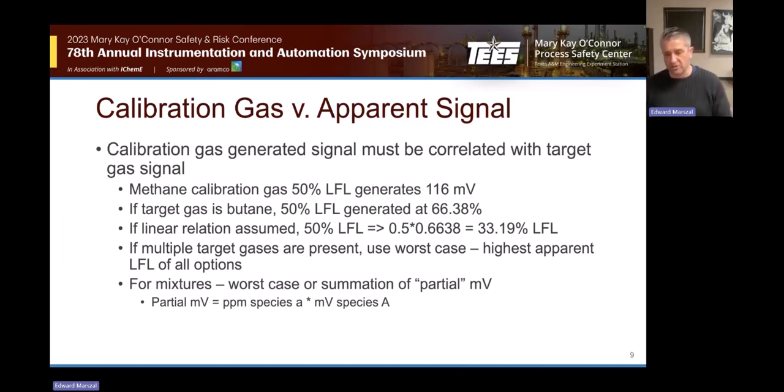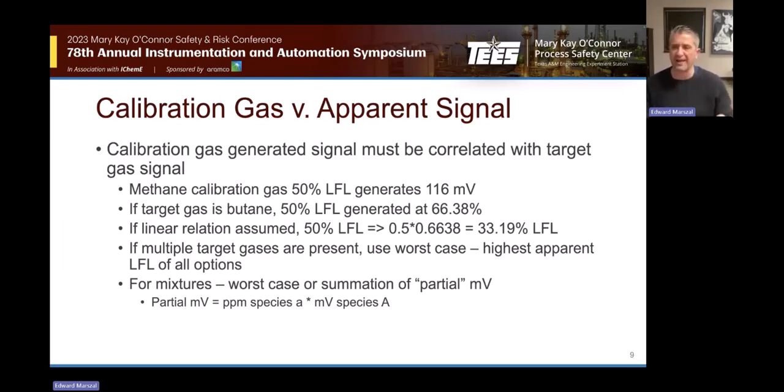But even worse is if you have a mixture. Now, mixtures, you could do it a couple different ways. But what would we at Kenexis recommend? We at Kenexis recommend what we just told you for multiple target gases. So these are two different concepts.